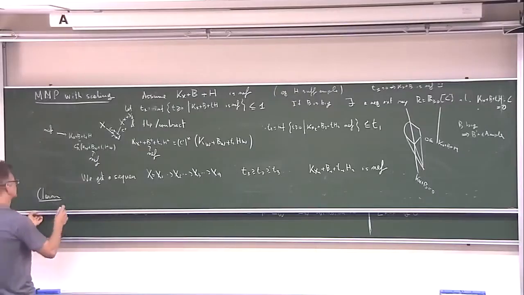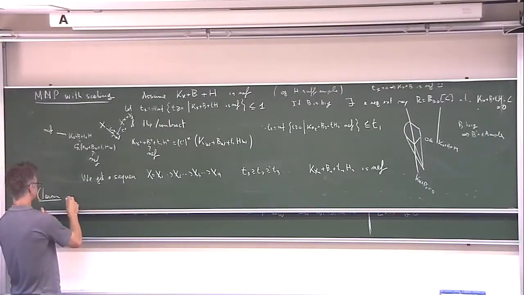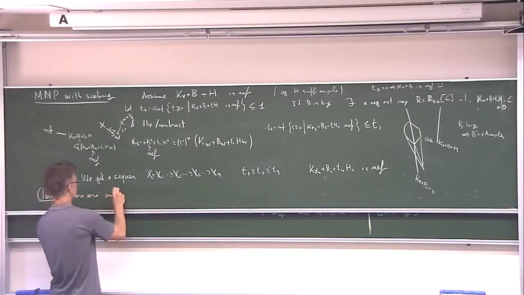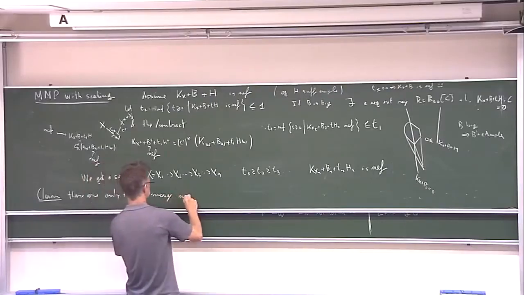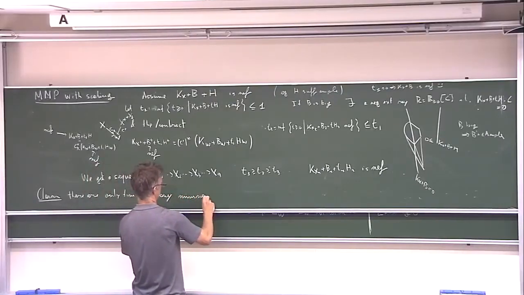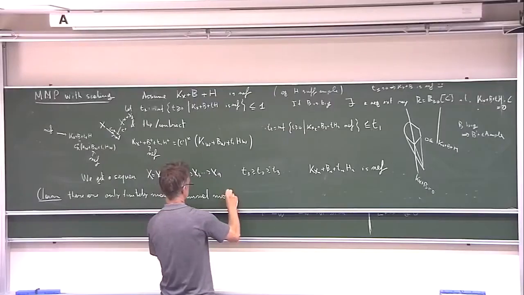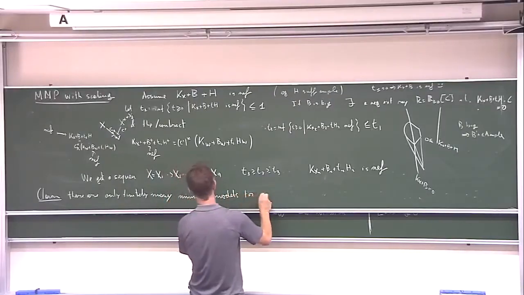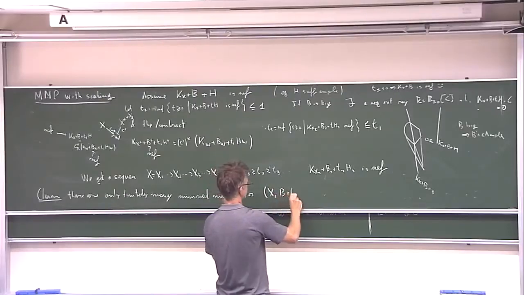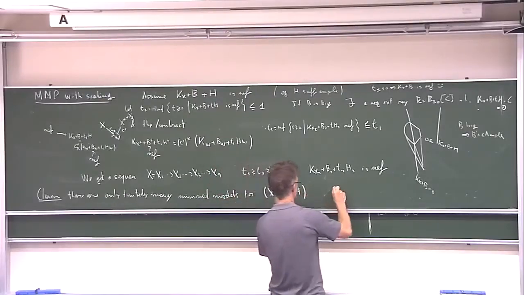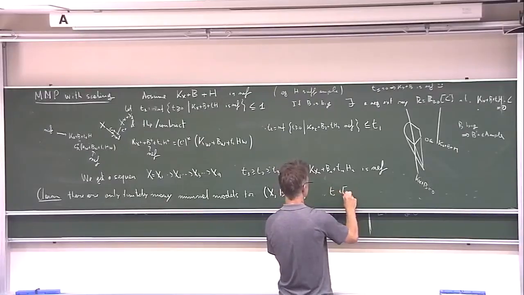The claim is that there are only finitely many minimal models for pairs of the form x, b plus th, where t is in the interval between 0 and 1.